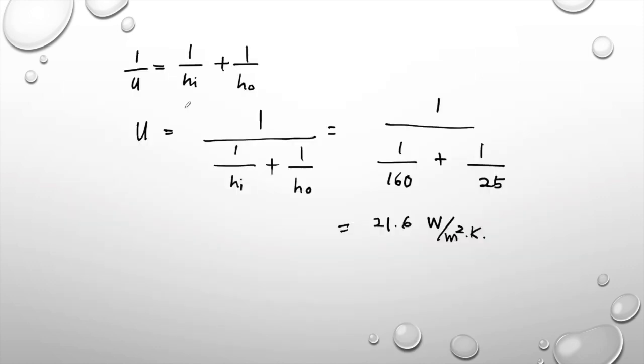For the delta T log mean, we have to find delta T1 and delta T2, subtract them, and then divide by ln of delta T1 over delta T2.